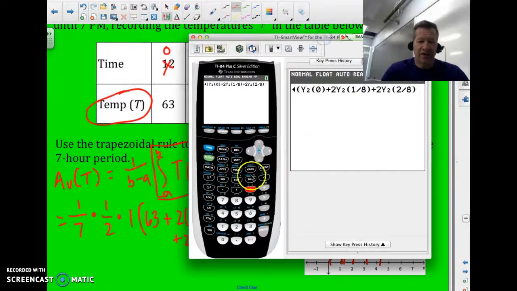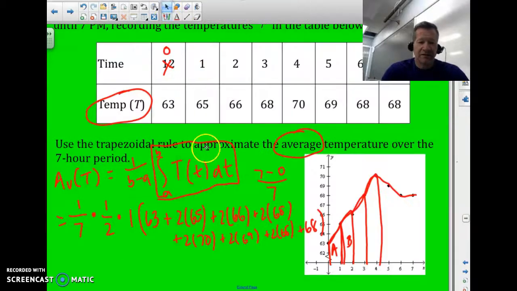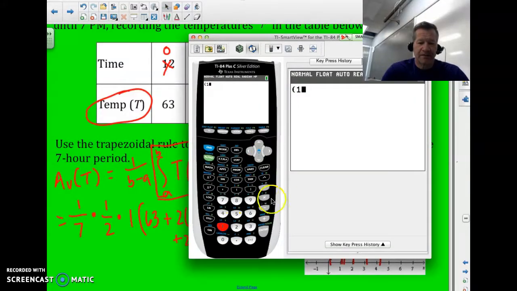Well, we'll do the best we can here. So let's try this. We'll go 1/7 times 1/2 times 1. That's all together 1/14. So 1/14 times the sum of all the heights.